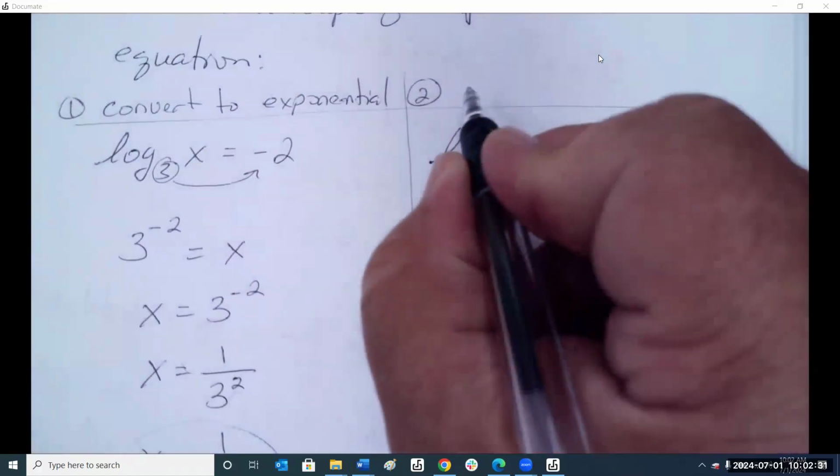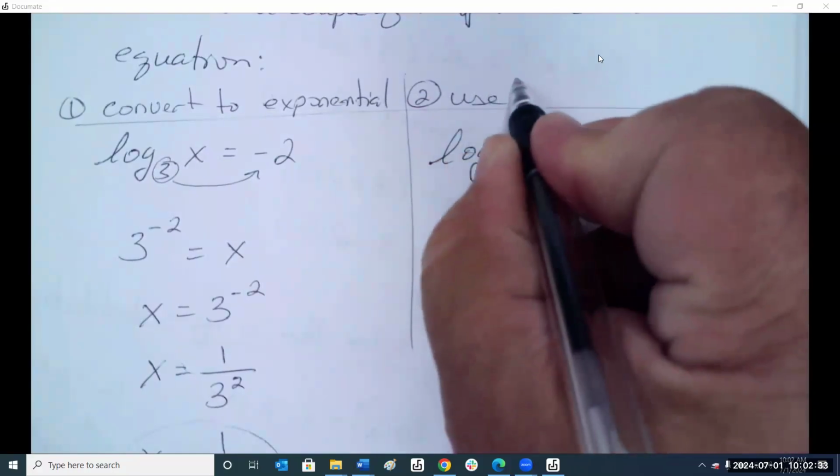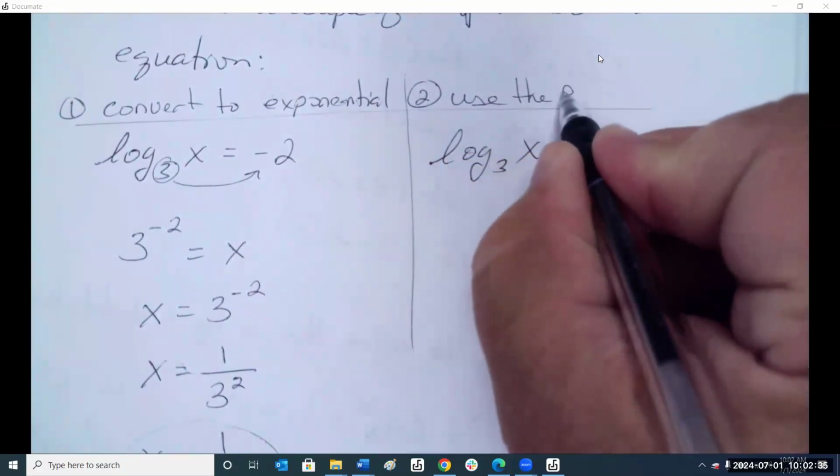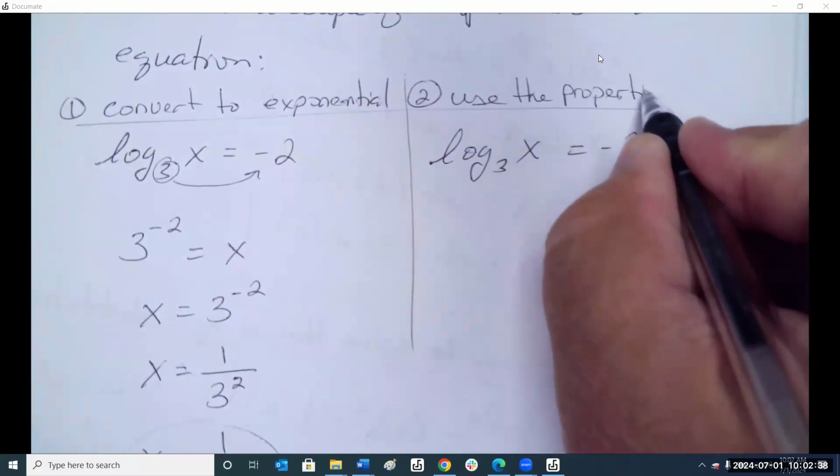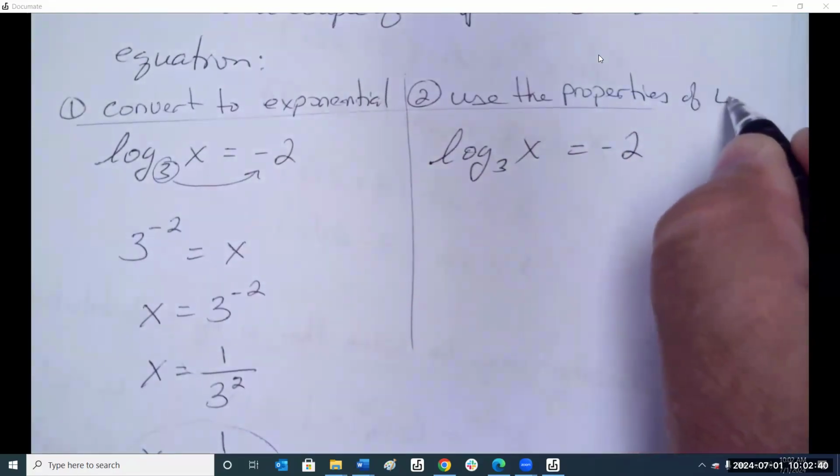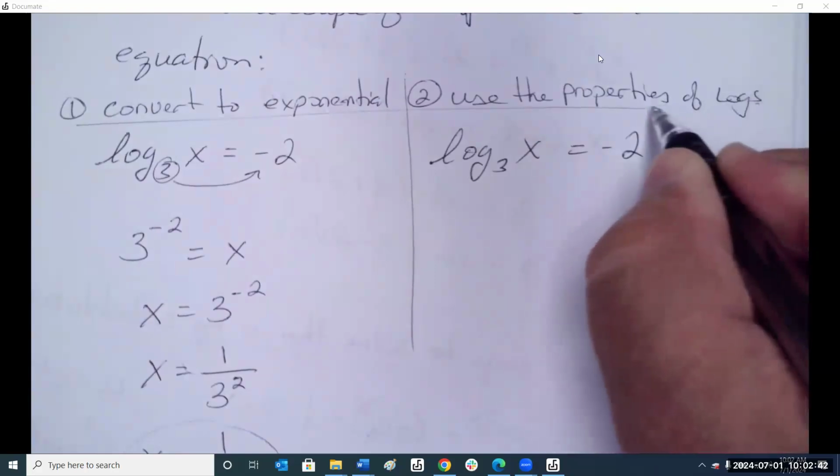Or the other method, use the properties of logs.